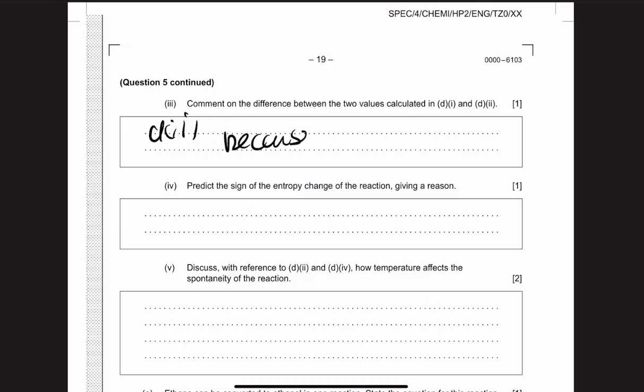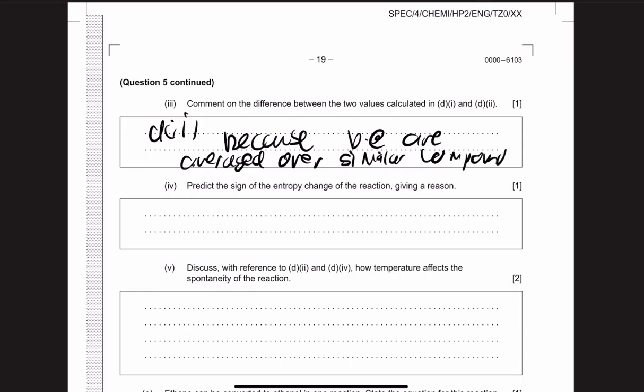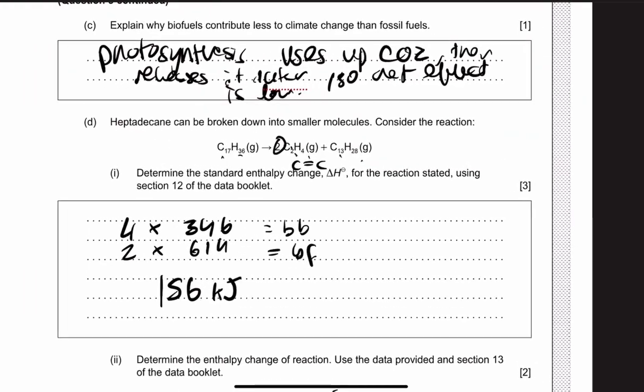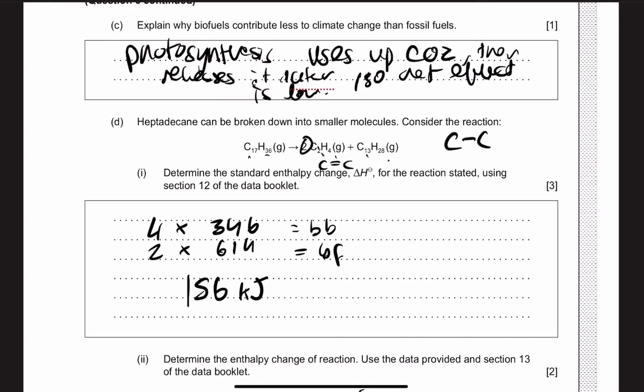Because bond enthalpy, bond energy, is averaged over similar compounds. So you have a couple of similar compounds, and they average the bond enthalpies, and that's how we're getting the value for the C single bond C, and then C single bond H. They're just averaged over the similar compounds.